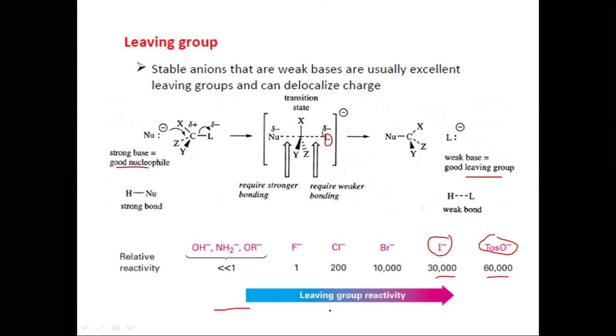So as you move from here to here, the rate of SN2 reaction increases. This is based on the nature of the leaving group, so you need to always keep it in mind. The leaving group should be a good leaving group, and excellent leaving groups are generally weak bases. If you use a weak base, you can expect better leaving group ability.